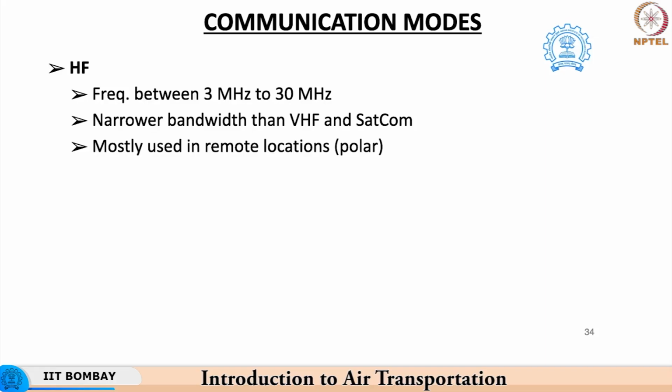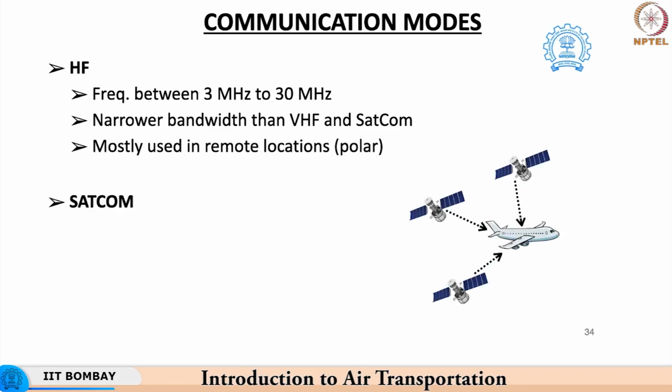As I mentioned to you, these are mostly used in remote locations, that is across the polar region. The third type of communication mode that is globally implemented is called satellite communication. This communication mode makes use of two types of satellite constellations. One is called Inmarsat and the other is called Iridium.